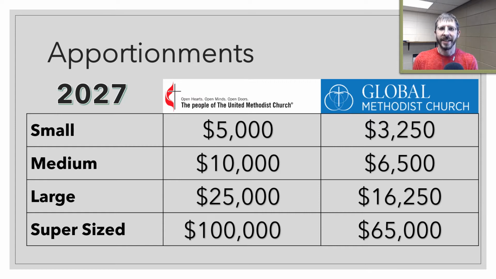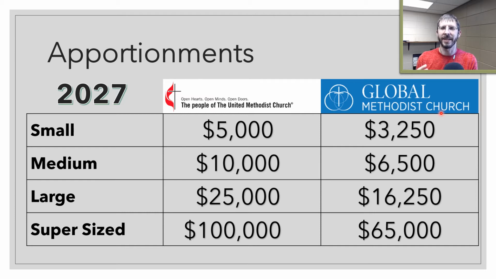All right, that gets us to 2027, and hopefully by that time the Dakota's UMC is at a tithe, or 10%, and the Global Methodist might still be around 6.5%. One of the toughest things to predict, though, is both these denominations are going to be going through massive changes, and it's pretty easy for an institution to want to go into self-preservation mode.